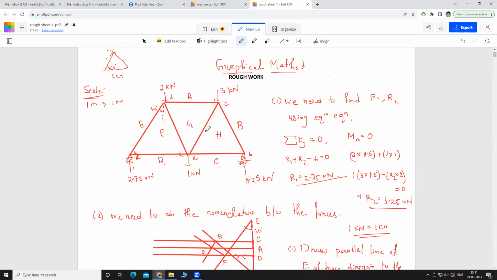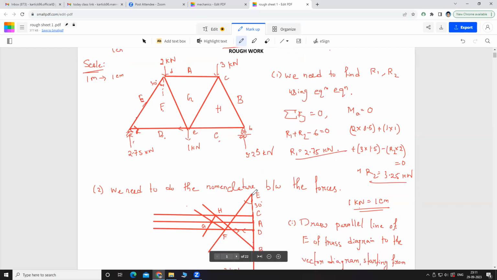So for this member, what are the two sides? For E, the two sides are E and F. Now look at the point here: there it is E, it is F. So find the distance here, then multiply.